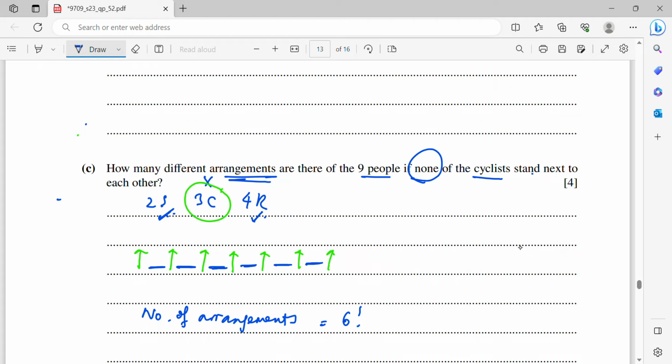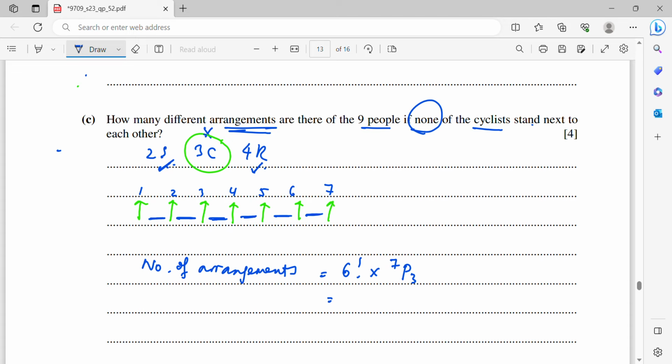So here I have 1, 2, 3, 4, 5, 6, 7. So I have 7 choices for these three cyclists. Therefore, it will be 7P3, because the arrangement is important. So with this, you will get 151200. So this will be the working for this question.